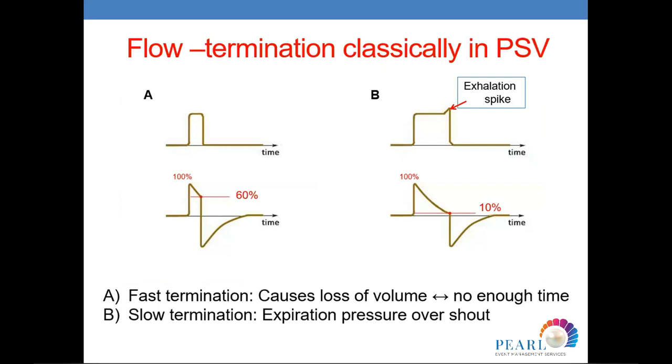You are not enabling the expiratory valve to open, so the baby will exhale on top of the closed valve. This will show you as an exhalation spike. So this means that you need to adjust your flow cycling. Fast termination causes loss of volume, and slow termination causes pressure overshoot.